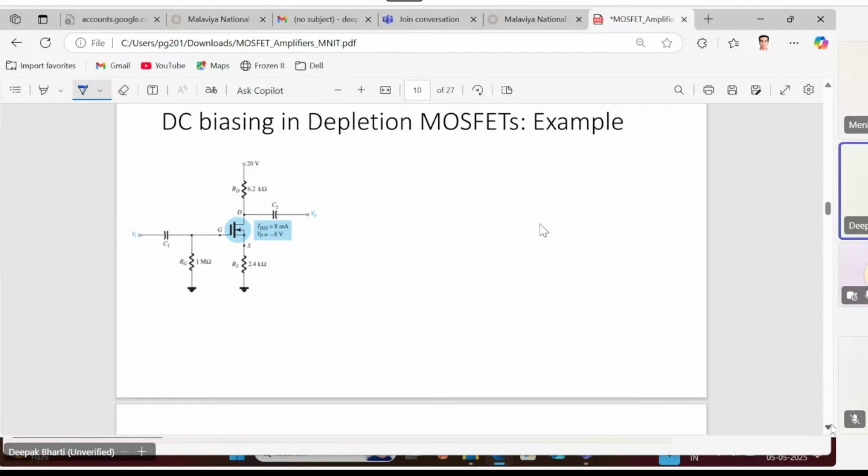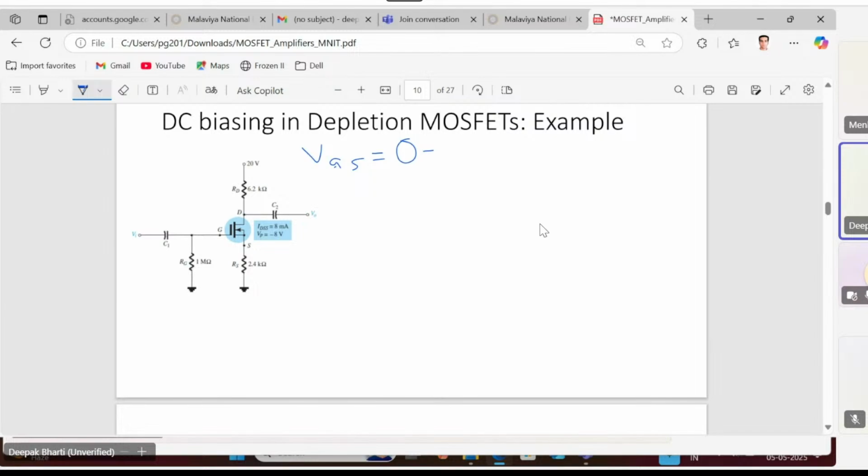So let's try to solve another example, which is of self-biasing network. Let's first of all write the equation of the load line. The equation of the load line will be what? VGS is equal to VG minus VS. VG is 0, because of no current flowing from the gate terminal.